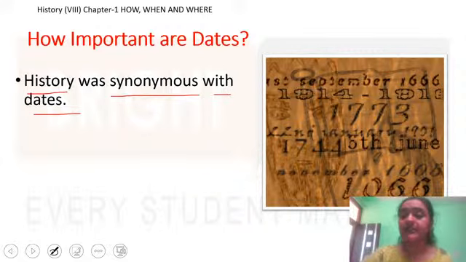Now you can question why we should learn about someone else's birthday, even if you are not related to that person. For example, Akbar's birth date, or some other ruler like Chandragupta Maurya, even though that record is not available properly, or some Gupta ruler, or some Delhi Sultanate ruler. All these you have studied in your previous class. So why should we learn about these dates?